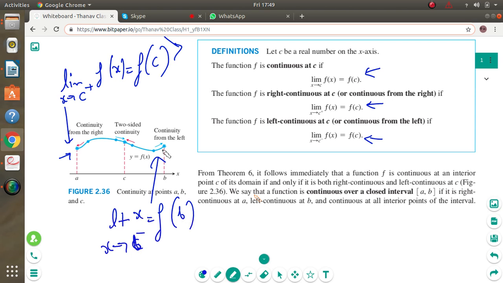That is, the left hand limit equals the value of the function at point b. At this point there is two-sided continuity: the left hand limit equals the right hand limit equals the limit at the point, which is equal to the value of the function. So the limit at the point is equal to the value of the function at this point. That is known as two-sided continuity.